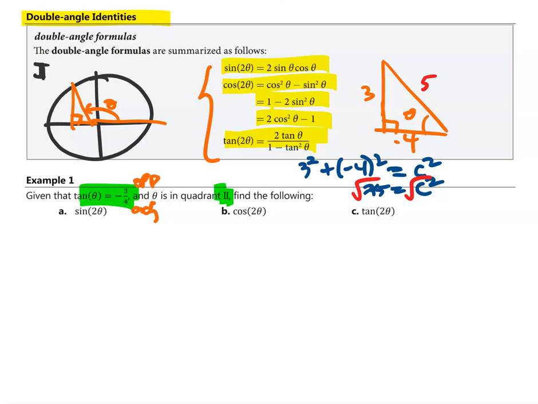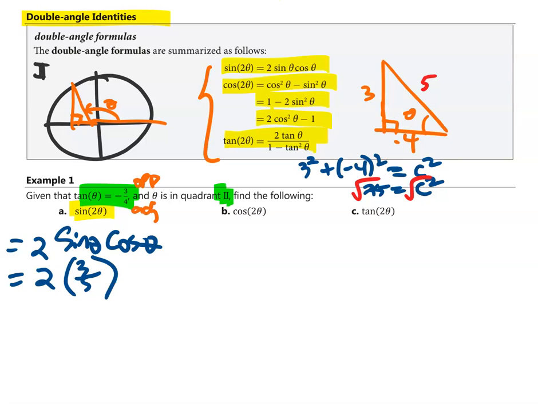Okay, so let's use our double angle formulas. For letter A, sine 2 theta is equal to 2 sine theta cosine theta. So sine theta, SOHCAHTOA, opposite over hypotenuse, so that is 3/5.